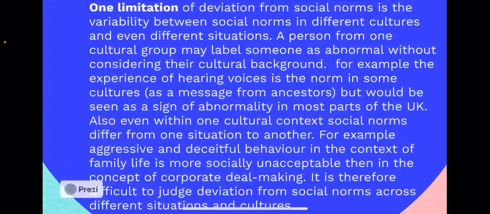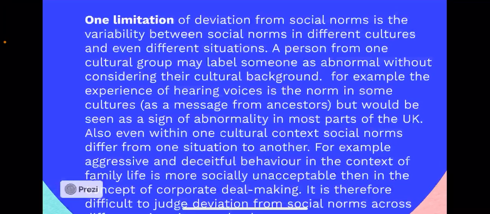A limitation of deviation from social norms is the variability between social norms in different cultures and even in different situations, as a person from one cultural group may be labelled as abnormal without considering their cultural background. For example, the experience of hearing voices is the norm in some cultures. It's seen as a message from ancestors, but it would be seen as a sign of abnormality in most parts of the UK.